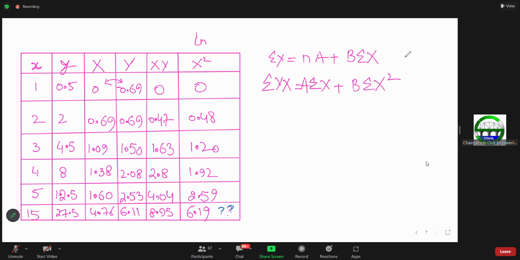So let's put in equations 1 and 2 the corresponding values.